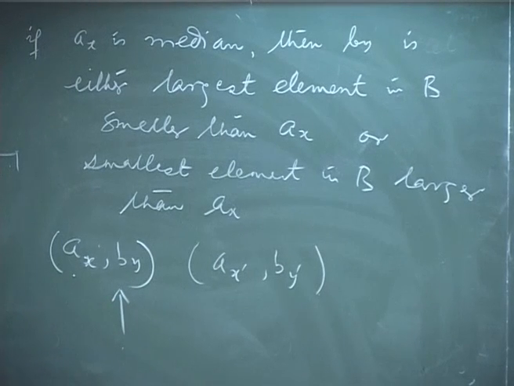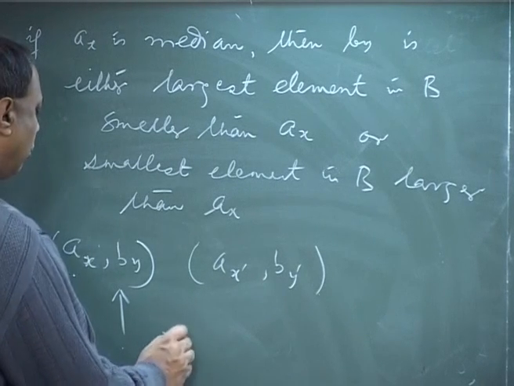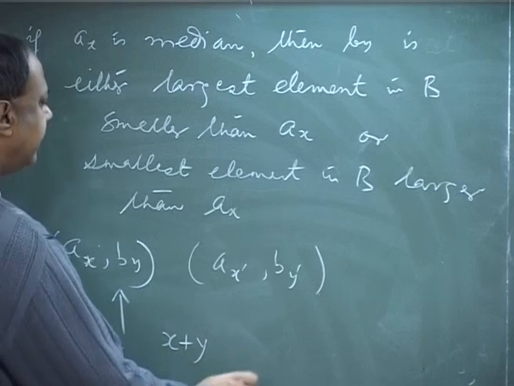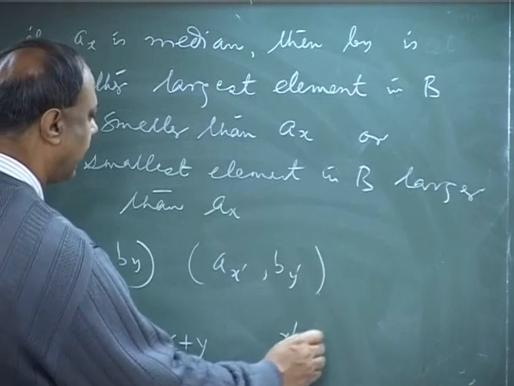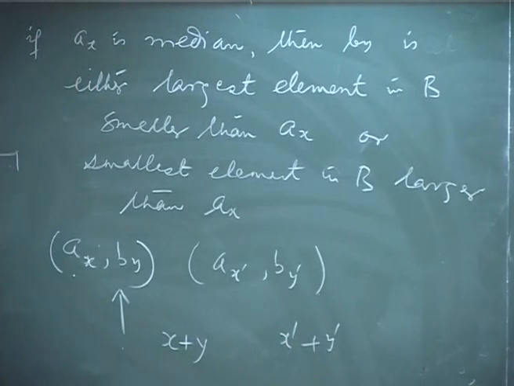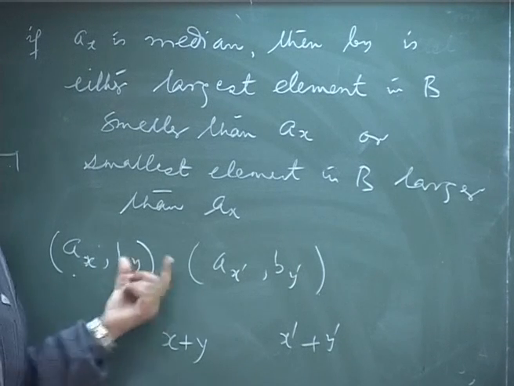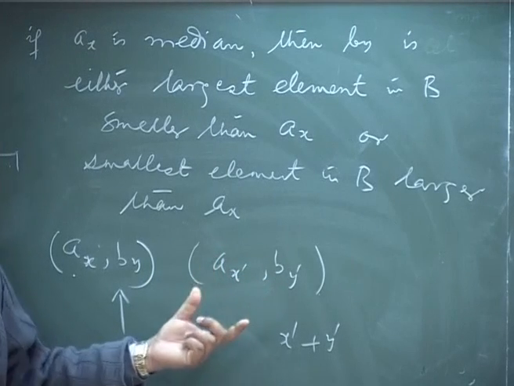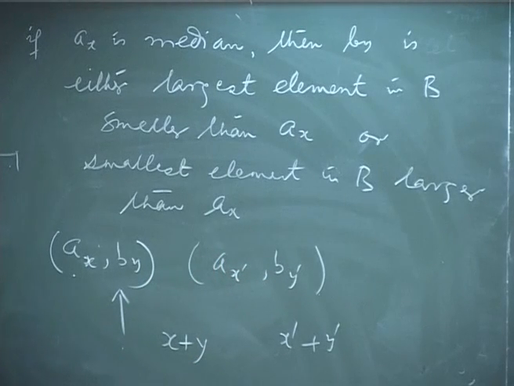So one strategy you follow is to select the one whose indices are smaller than the other, the sum of the indices smaller than the sum of the other indices. Then that will be your median pair, because you cannot handle two median pairs for your work. So if your algorithm generates more than one median pair, then you select the one whose sum of indices is the least.